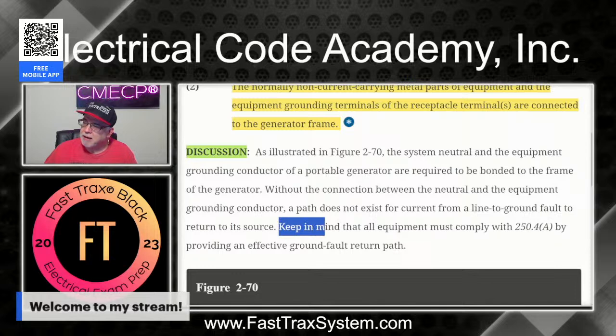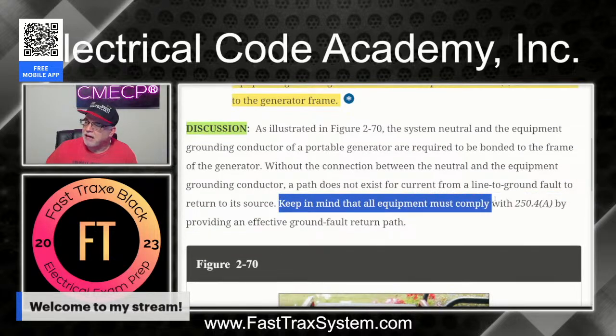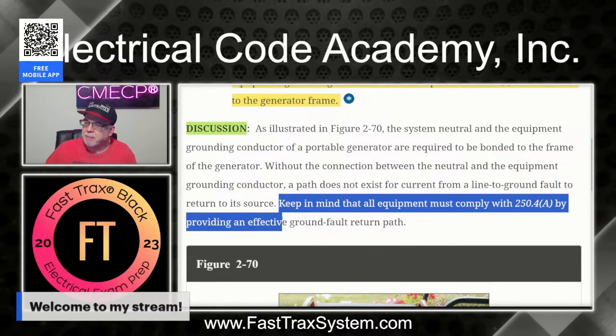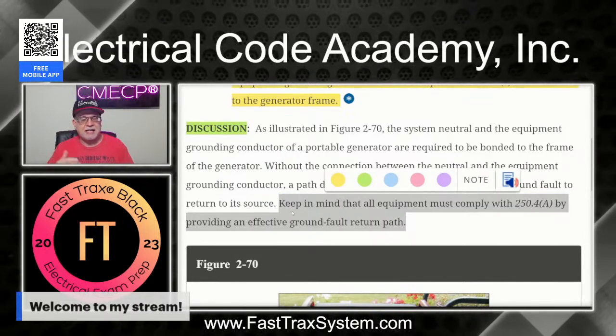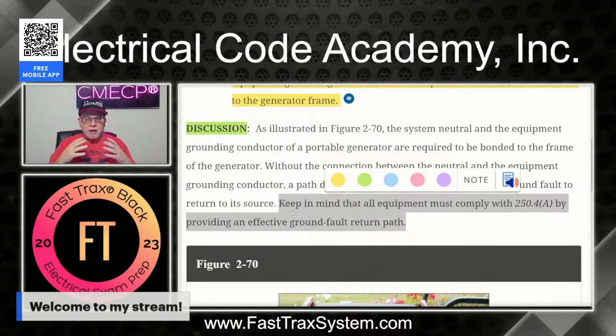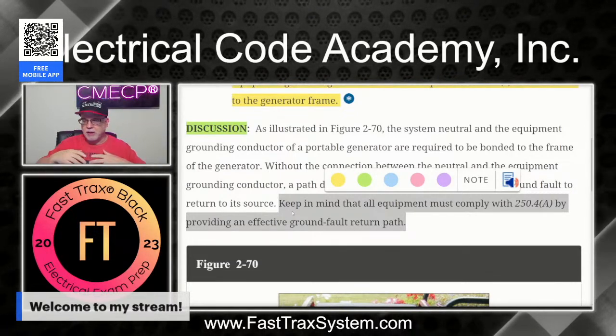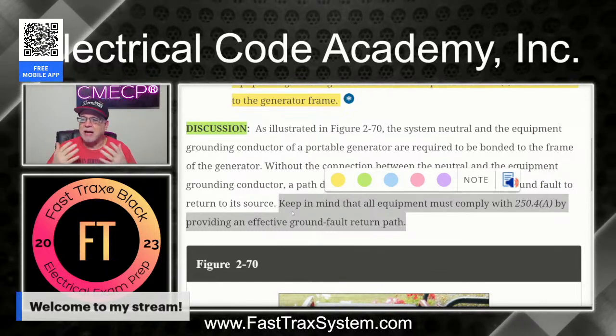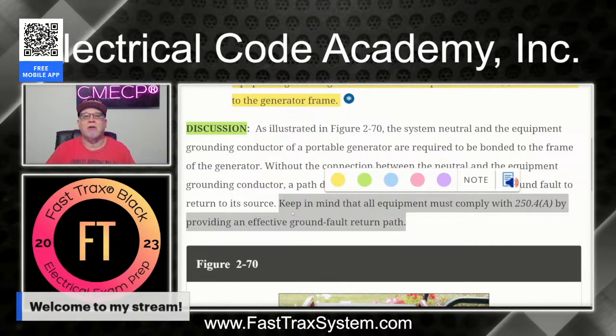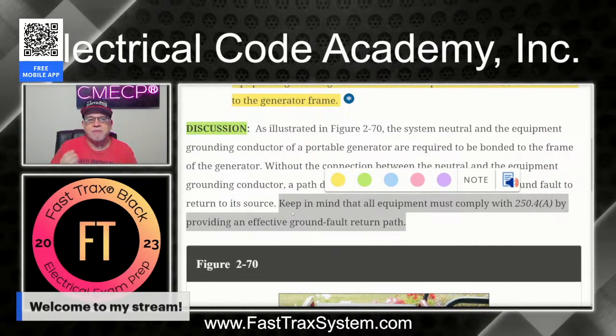So keep in mind that all equipment must comply with 250.4(A) by providing an effective ground fault current path. Now, we're all pretty familiar with that in the code. We're required, when we take out branch circuits and make all of our connections, to use proper terminations in accordance with 250.8, and then we're establishing an effective ground fault current path. Well, there's no difference here on this generator.